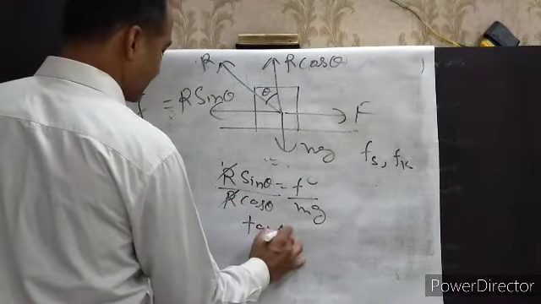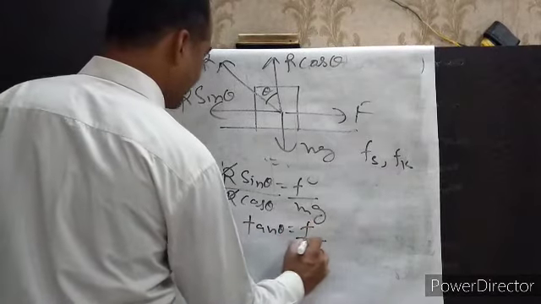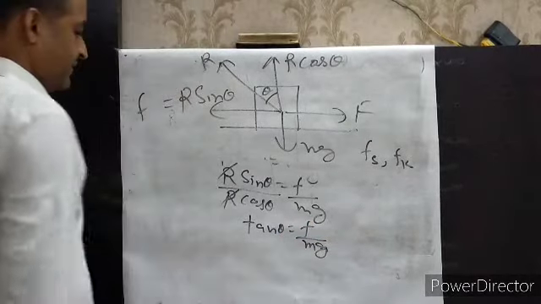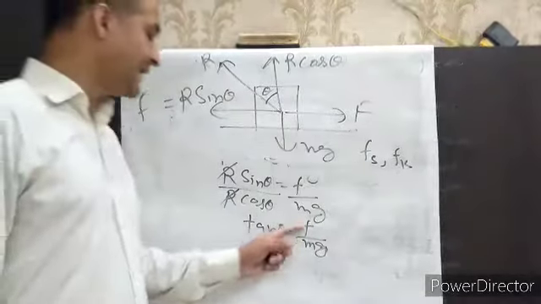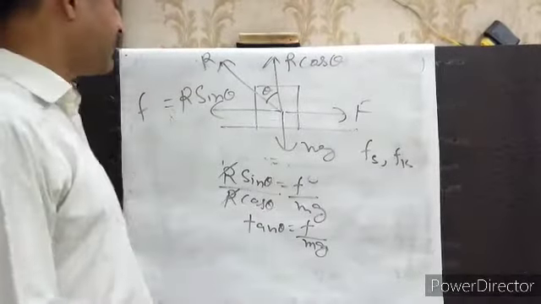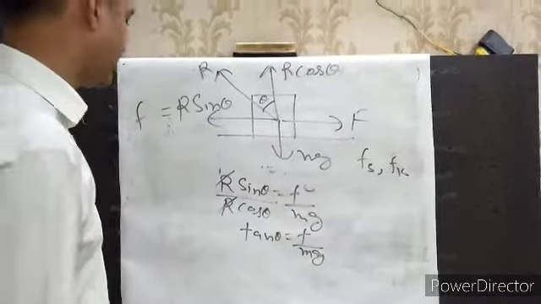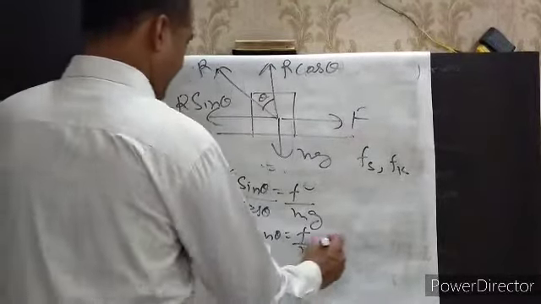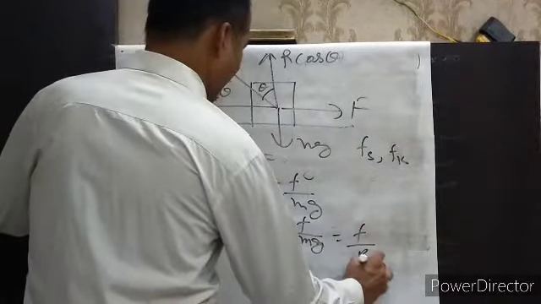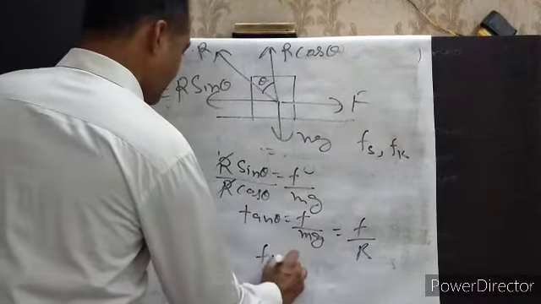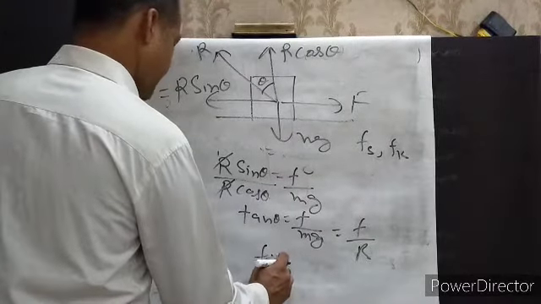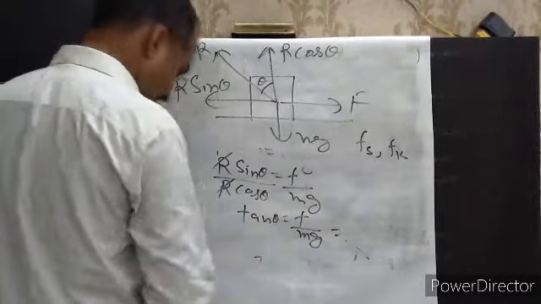Tan theta is equal to F by mg. And mg is equal to normal reaction capital R. Then F by capital R. Let it be tan theta is equal to F by mg.